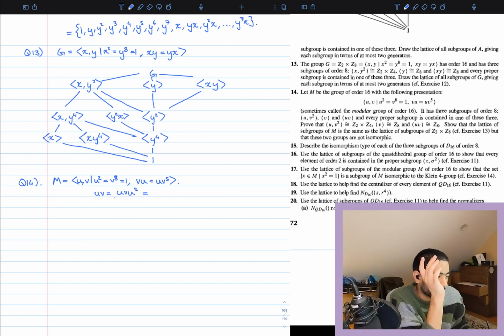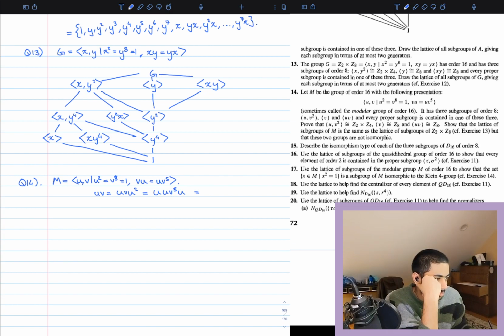Okay. Let's think. UV equals UVU squared. And then we swap these two, because we know how to swap them. So let's do this one step at a time, right? We first swap the VU here, and we get a UV to the 5th with another U at the end. I see.